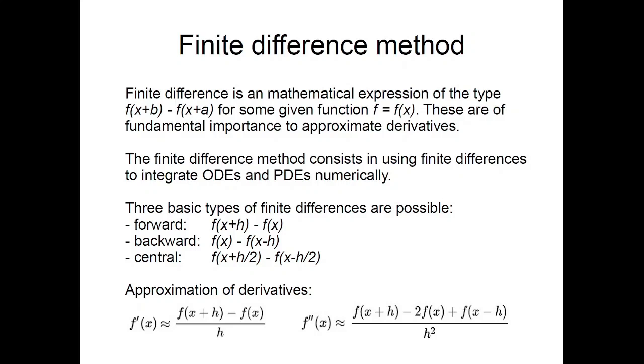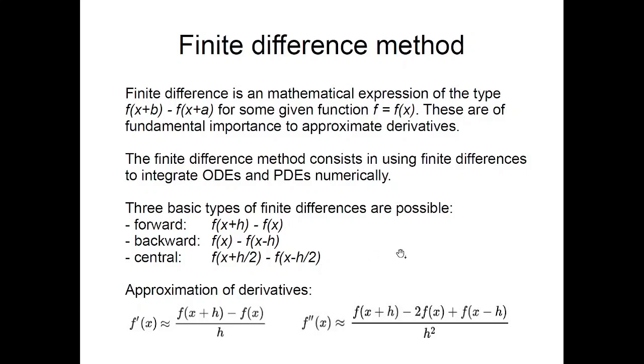We have three basic types of finite differences, which are reported here. We have forward finite differences, which are of the type f of x plus h minus f of x. We have backward finite differences, which are of the type f of x minus f of x minus h. And then you have the central finite differences, which are essentially of the type f of x plus h over 2 minus f of x minus h over 2.